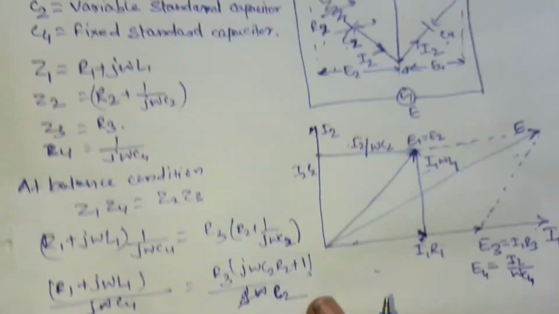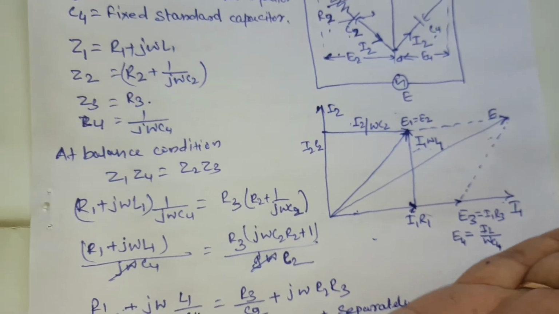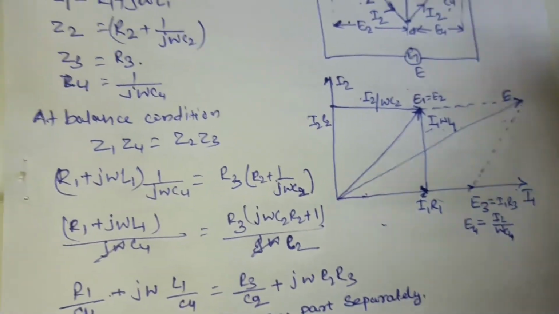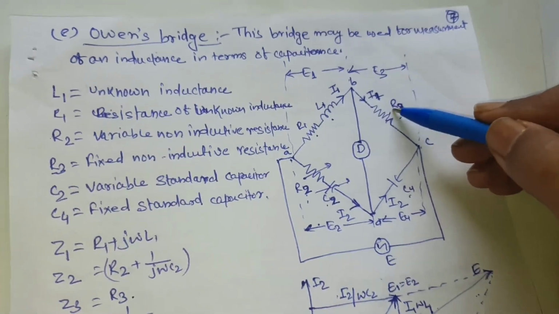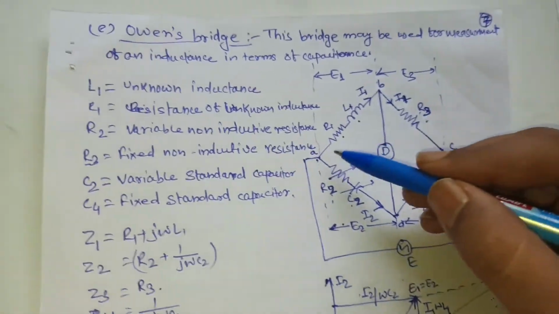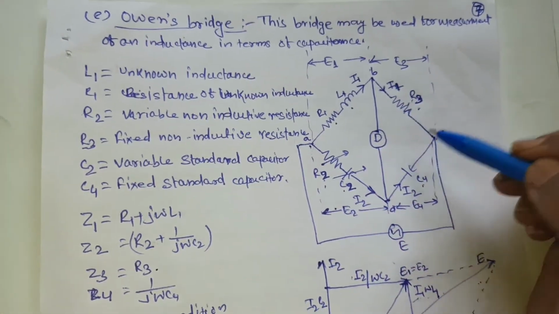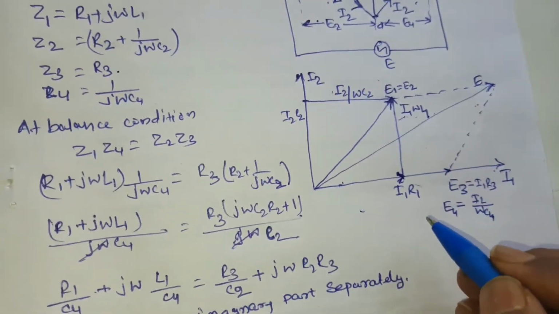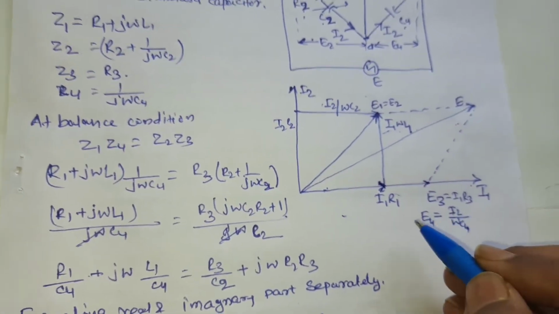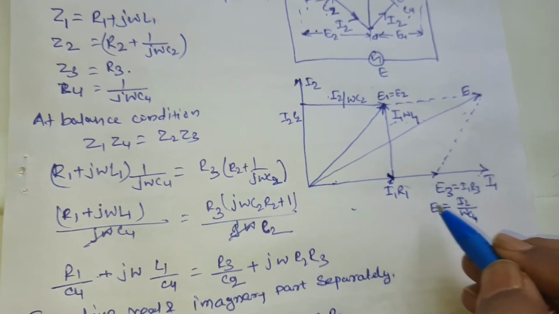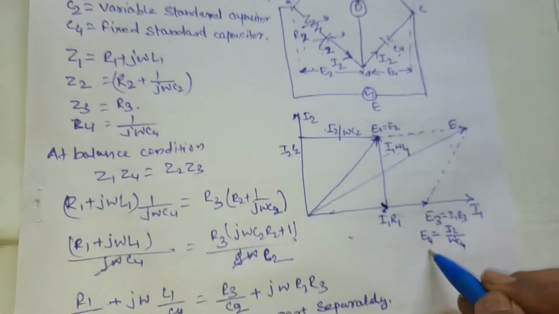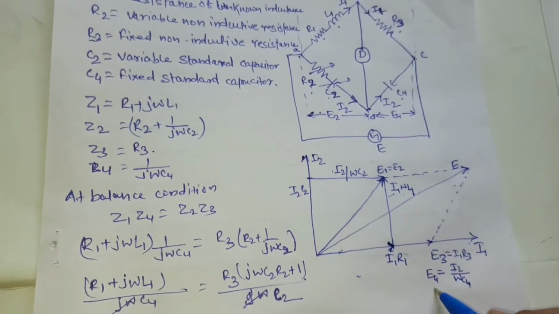And again, at balance condition, I1 is equal to I3. So the voltage drop across branch R3 is E3, equal to I1 into R3, and at balance condition E3 must be equal to E4.